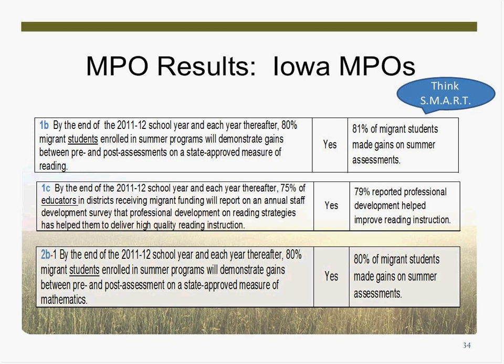Another example here, let's take 1C. 75% of the educators will report on a survey that these strategies or this PD has helped them in delivering high-quality instruction. And then the results are located there as well. So this is one example of MPOs, how they're written, and then the results from the MPO. I think there are even a few more on the next page.